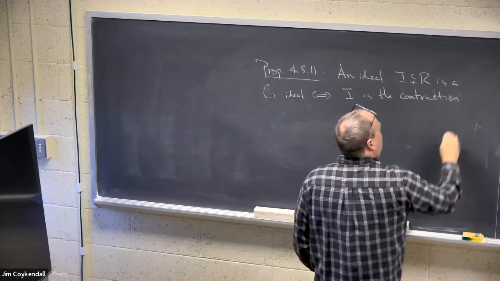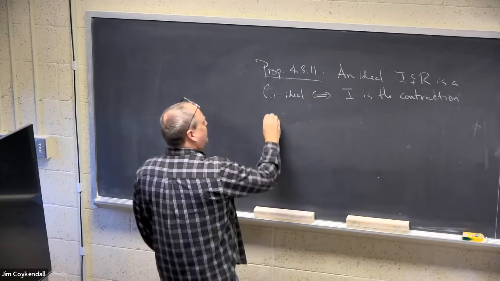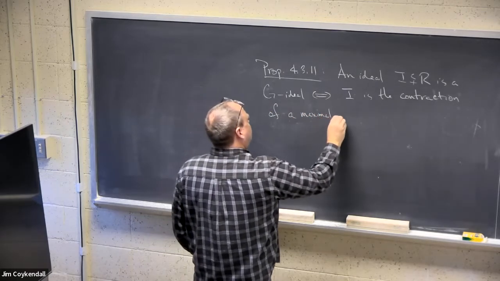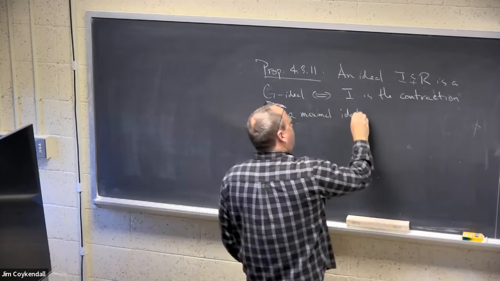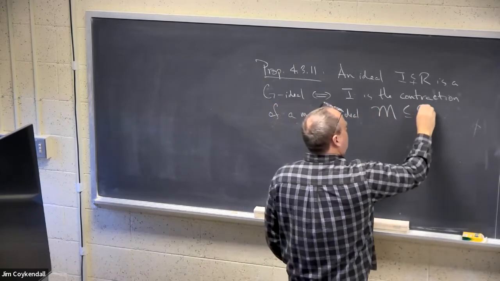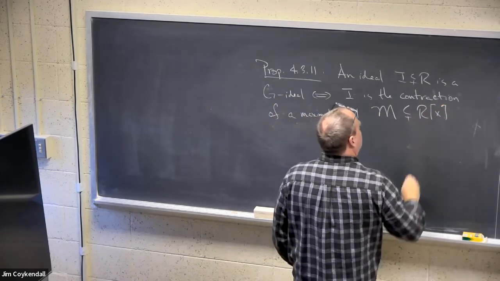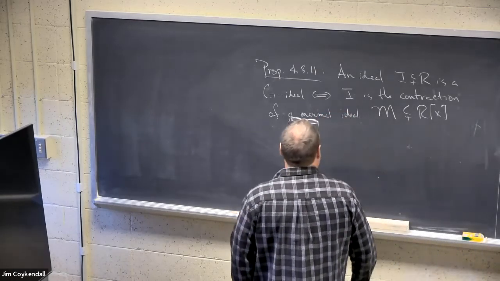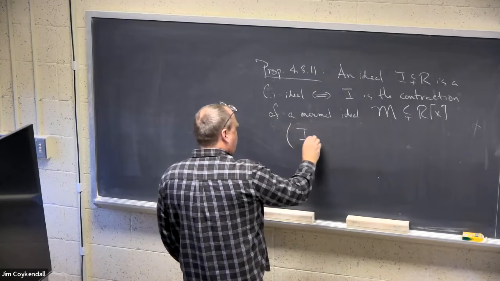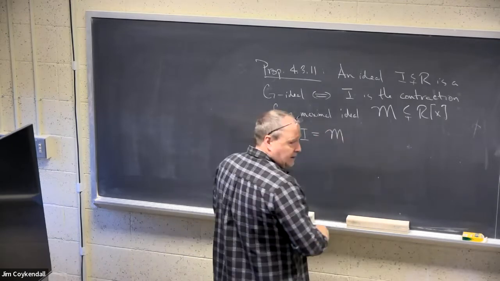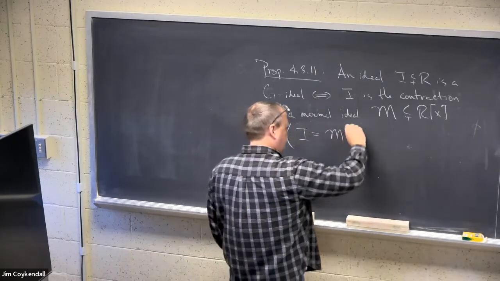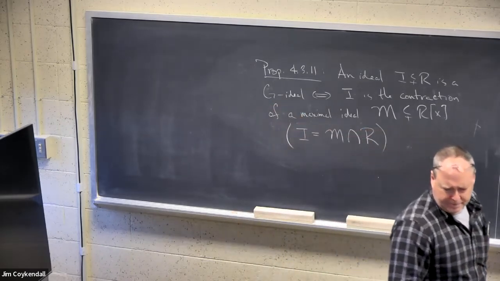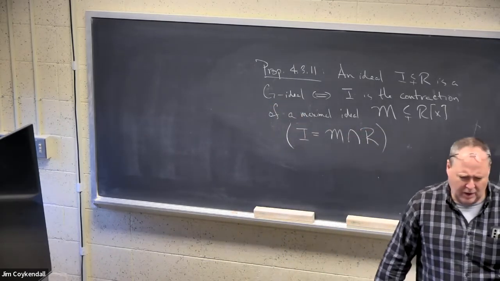I'll clarify this: I is a contraction. What I mean is that I is equal to this maximal ideal in R[x] intersected down below.